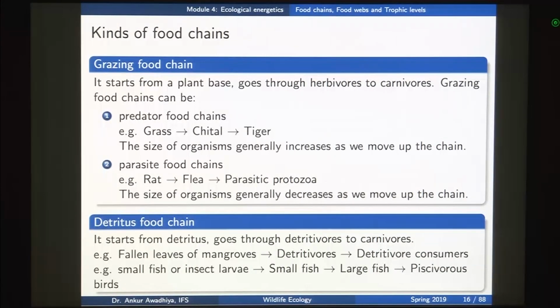These detritivores are then eaten by the detritivore consumers, for example small fish or insect larvae. So, here we had some very small organisms that are eating these up, and then these organisms are further eaten by the insect larvae, and from there they get eaten by small fishes, then large fishes, and then piscivorous. Pisci is fish, vor is eating. So, this is fish eating birds. So, then they are eaten by the fish eating birds. So, this is a detritus food chain.